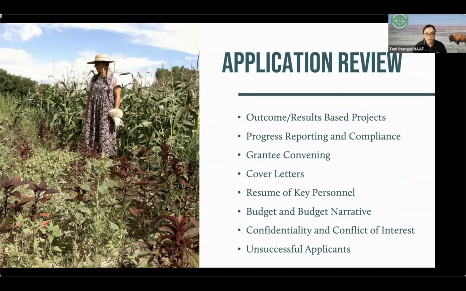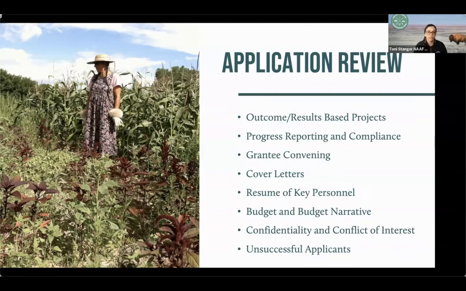The requirement that NAAF has and our trust agreement has is that it serves a Native community, whether it's being conducted by a Native or non-Native is not a requirement, but we do encourage Native preference to the extent that we can, in that in your application, if you are engaging consultants, if you're working with an educational institution, we want to know and we want to see that you're engaged in the community, you have community buy-in, that you have tribal participation.